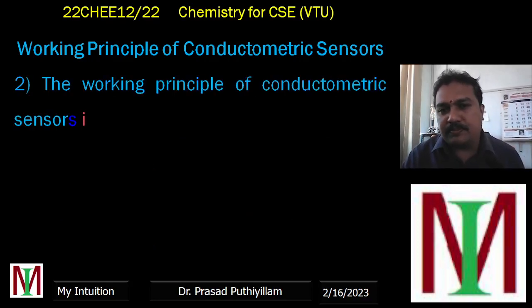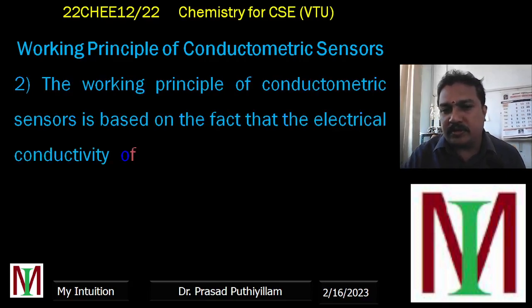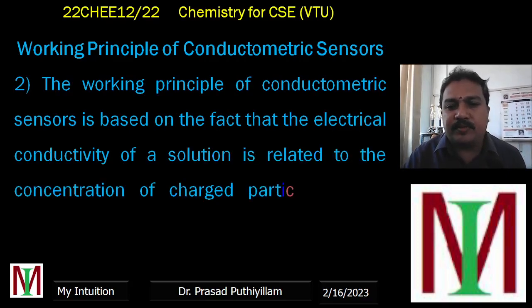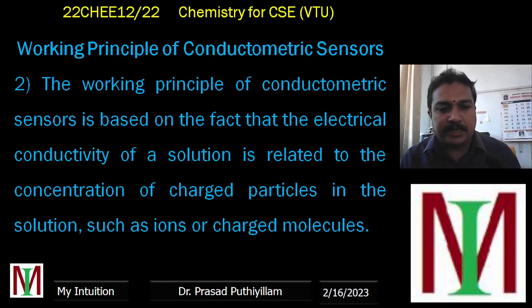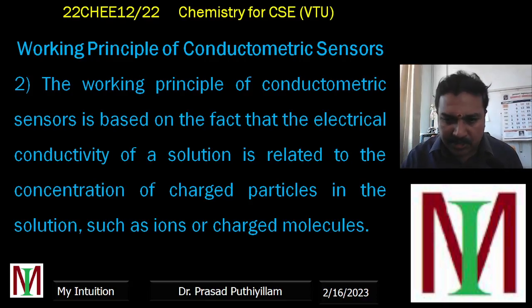The working principle of a conductometric sensor is based on the fact that the electrical conductivity of a solution is related to the concentration of charged particles in the solution, such as ions or charged molecules. That means if the analyte which we want to analyze has charged particles, such as negatively or positively charged ions or molecules, they will show movement in the presence of a current.